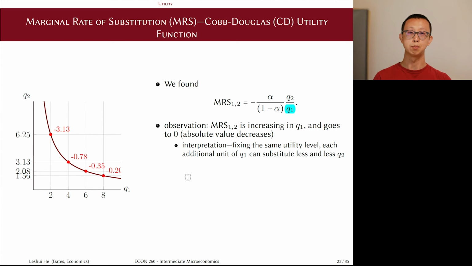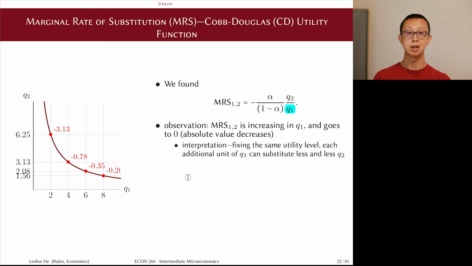Now, as the consumer has more and more of good 1, as Q1 increases, how much good 2 can we take away from them to keep them indifferent? Well, that amount we can take away becomes increasingly small.